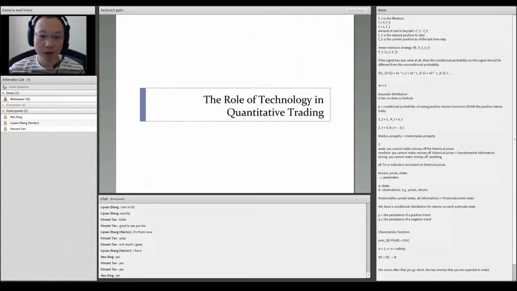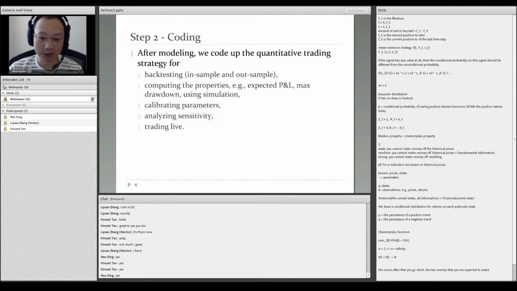First of all, we want to understand why technology is important in quantitative trading. Traditionally, if you're doing value investing, or trading macros, or trading based on gut feelings, you don't need a lot of programming. You just use some simple models.